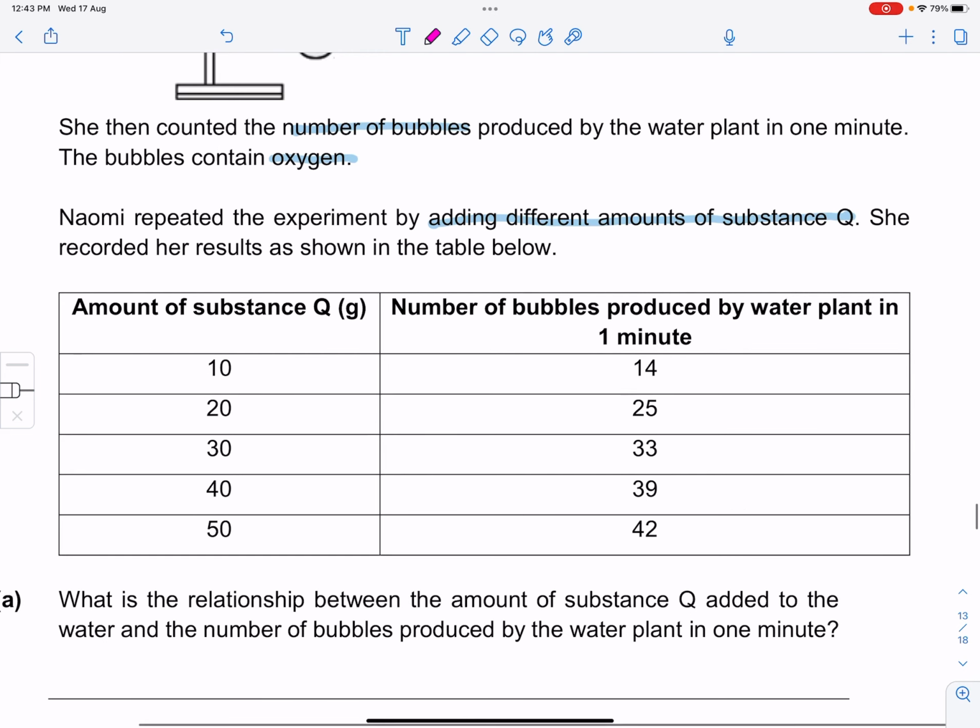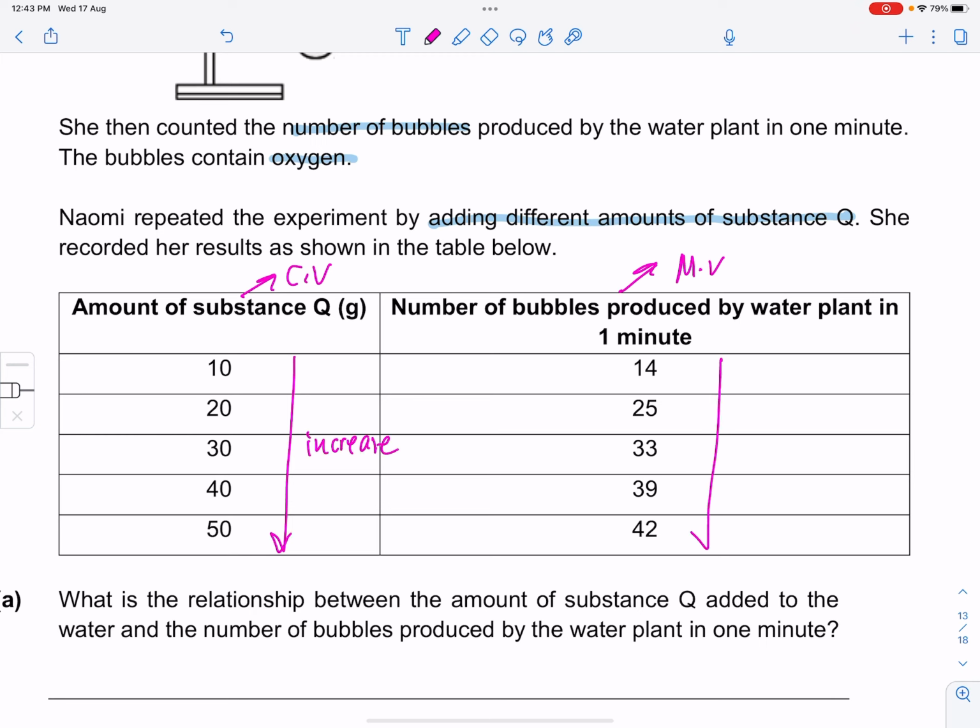The amount of substance is your change variable. The number of bubbles is your measured variable in the experiment. You will notice that as this increases, this also increases. In exam, it is very important to write this down. You may think, why am I writing increase and increase? This is to help you make sense of data.